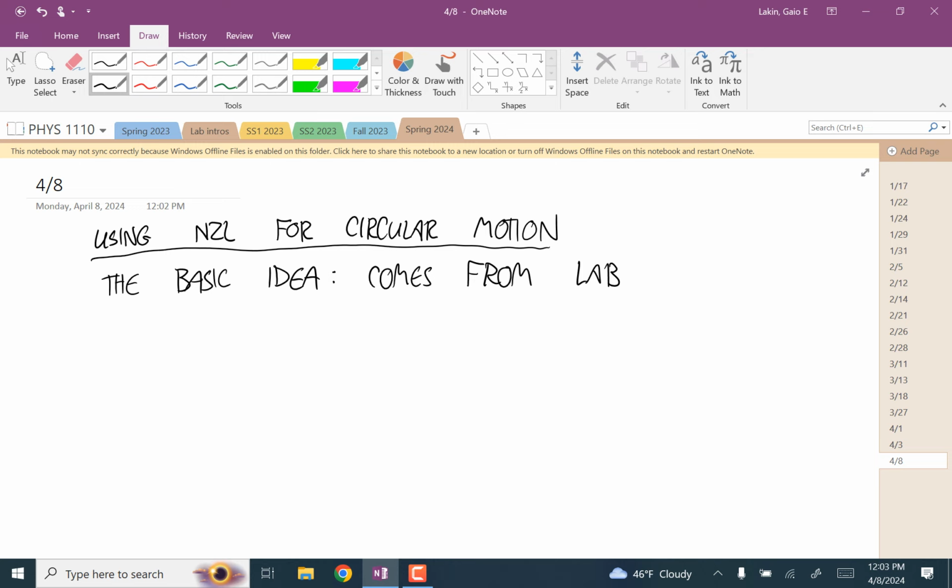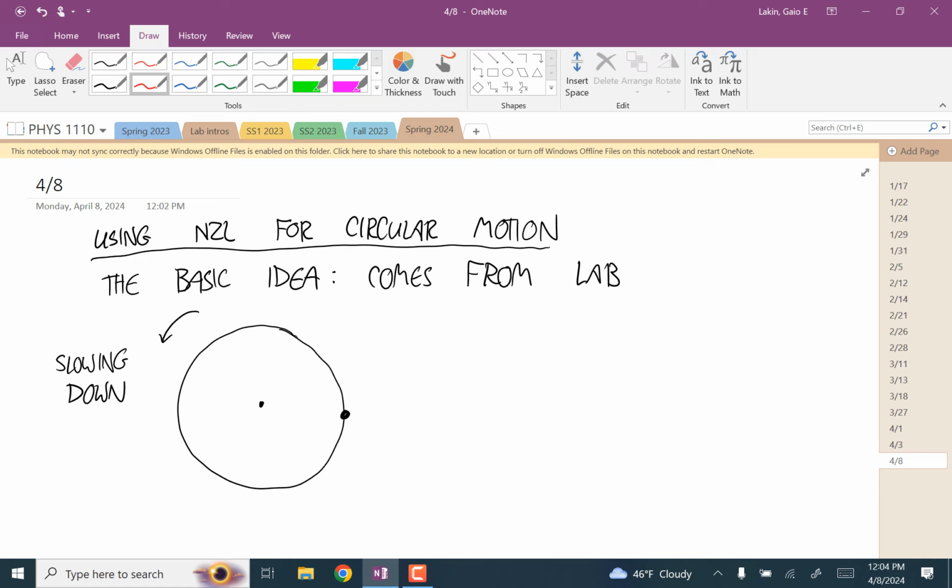So if you have an object that's moving in a circular path, here's the center of the circular motion. Let's say that we're interested in what's happening at this point. And say the thing is going this way, and let's say it's slowing down. Then this is all stuff that you have done before.